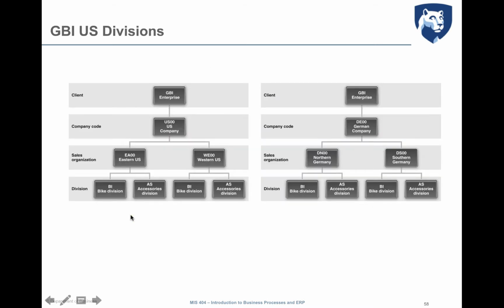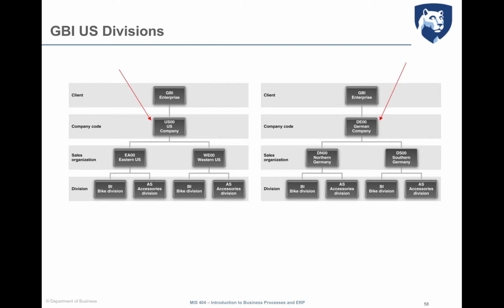In the case of GBI, again, GBI has 2 different companies. So we have the US company and the German company, each one with 2 different sales organizations. Which, please don't get confused, because when we represent organizational data in SAP, this is not exactly an organizational chart, because the levels are not well represented.